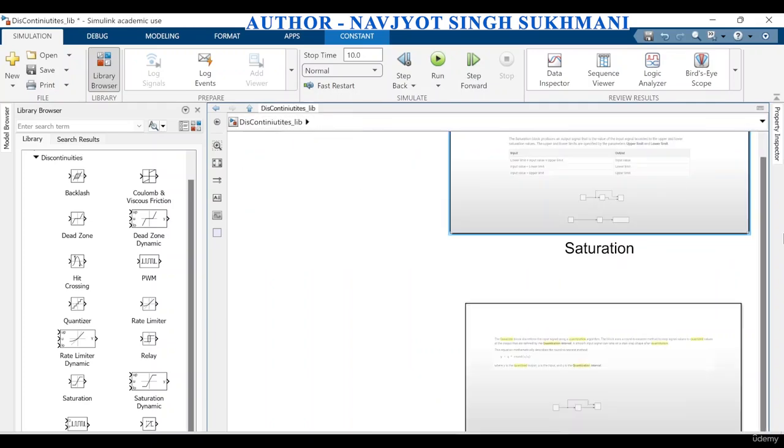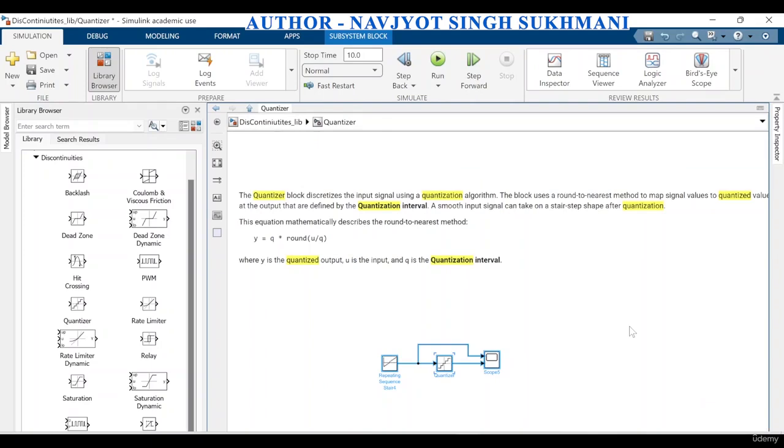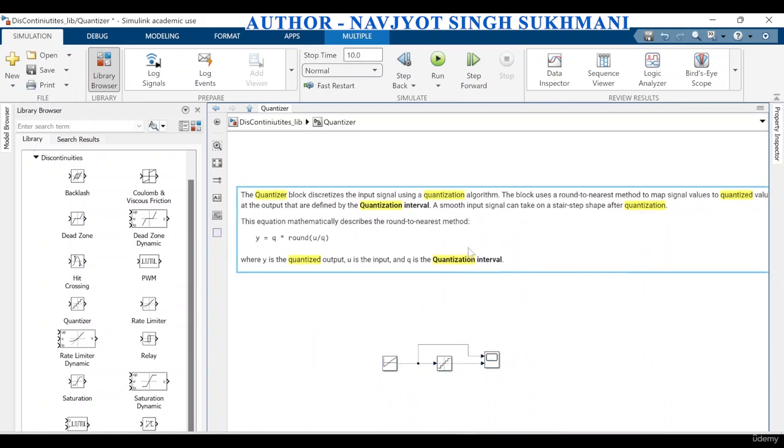Okay, now we will learn about the quantizer. The quantizer block discretizes the input signal using a quantization algorithm. The block uses a round-to-nearest method to map signal values to quantized values at the output, which are defined by the quantization interval.